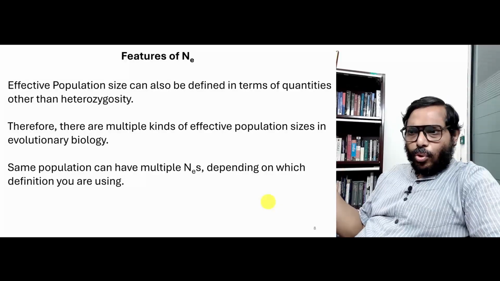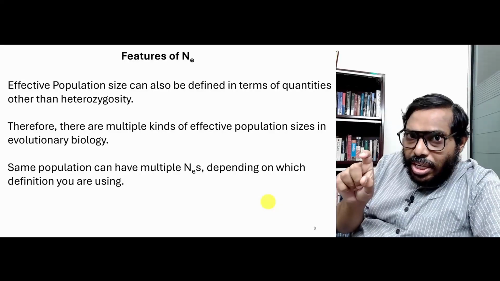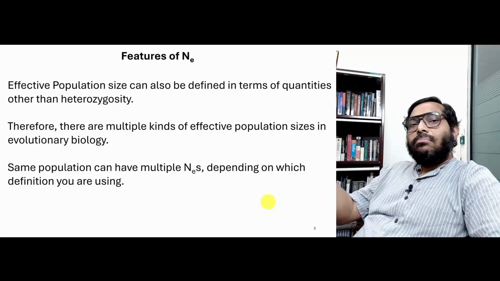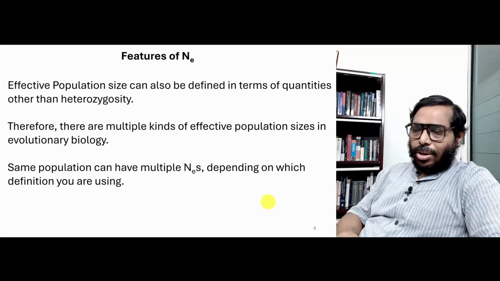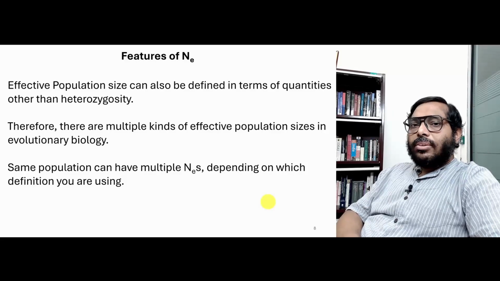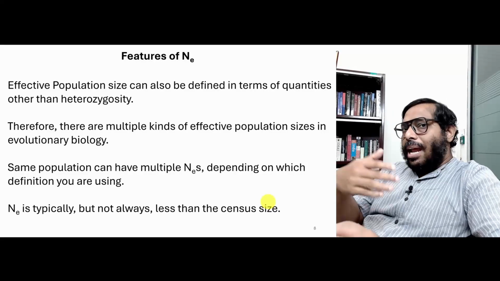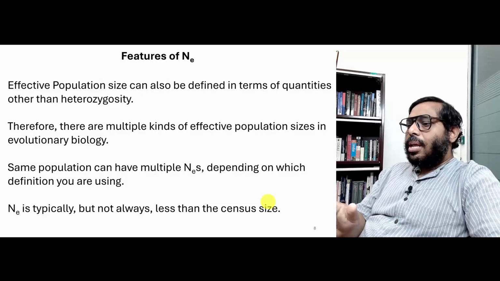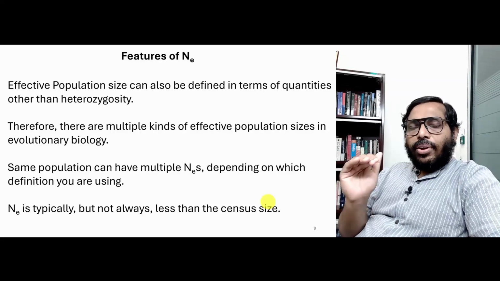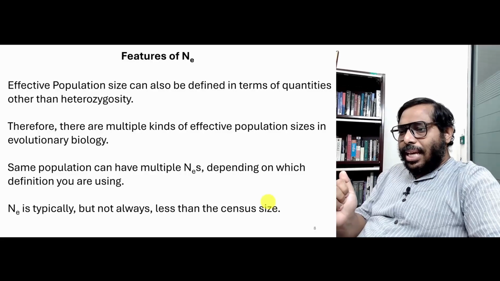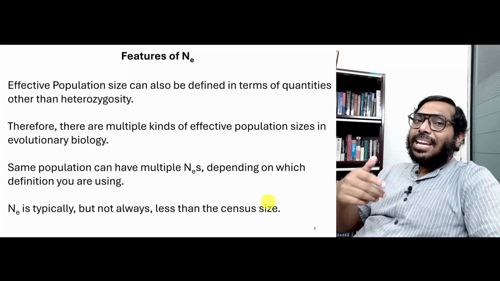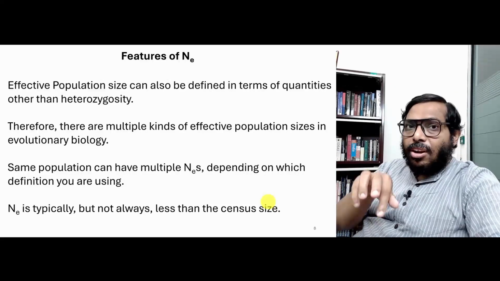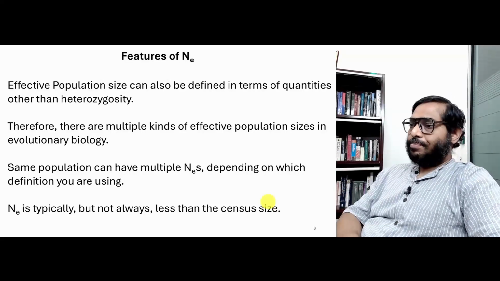There are some 3 or 4 types, and depending on which aspect of drift you are interested in, you end up getting a different estimate of your effective population size, and all these values can be very, very different from each other. Typically, not always, the value of the effective population size is less than the census size. However, in many cases it can even be greater than the census size, depending on which concept you are using and under what context you are measuring it.